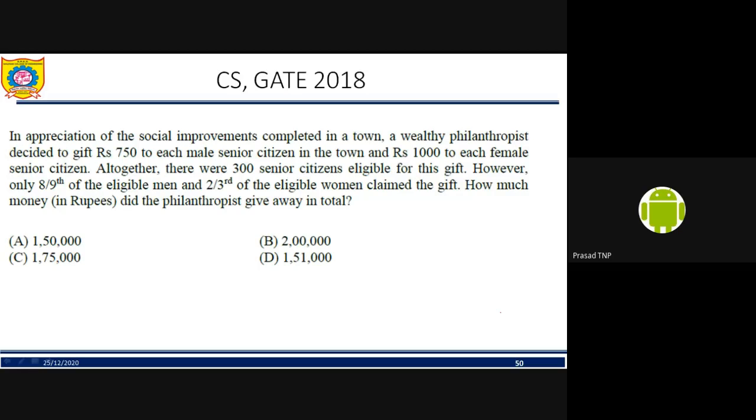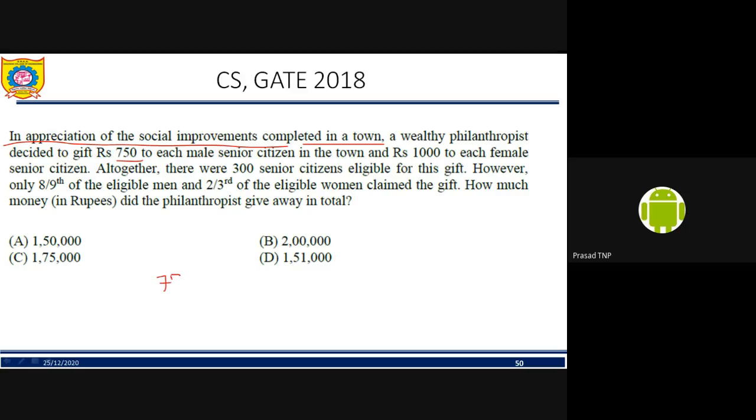Okay, next question. This is asked in GATE 2018. Again, it is based on the ratio and the percentage. What is the question? In appreciation of the social improvements completed in a town, a wealthy philanthropist decided to give rupees 750 to each male senior citizen.